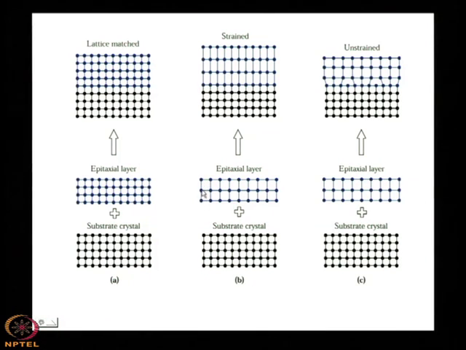Here you see that laterally they are larger than the substrate, but as you grow the layer you find that laterally the epitaxial layer is shrunk, there is a shrinkage laterally. Okay. Perpendicularly it has increased, but laterally it is shrunk.